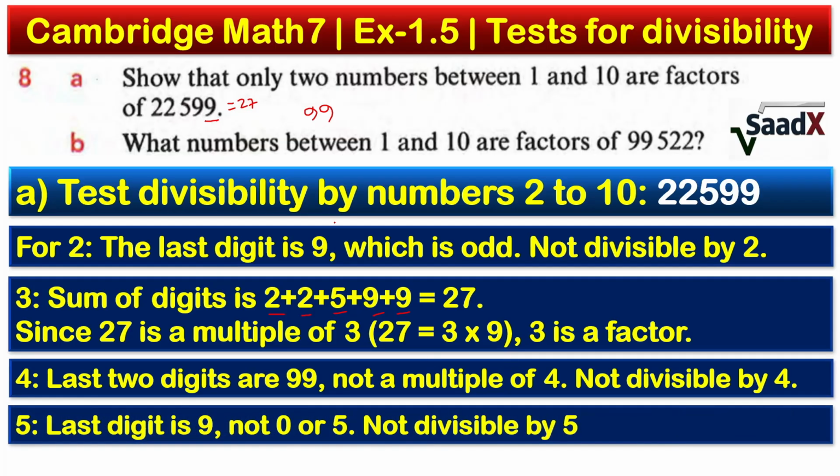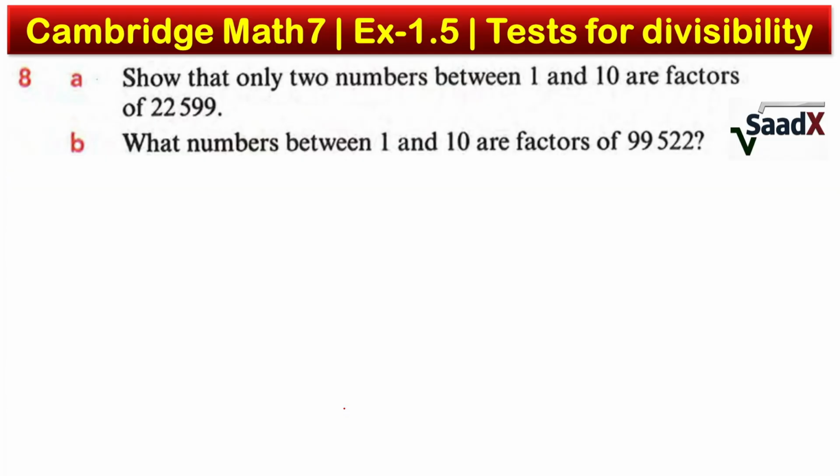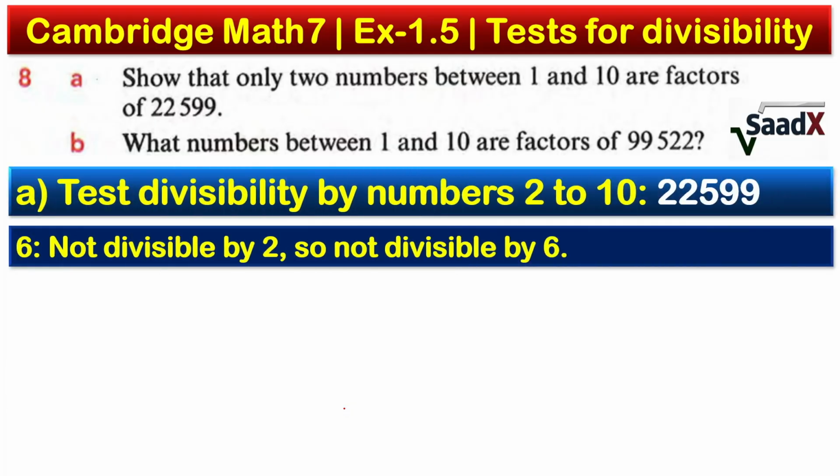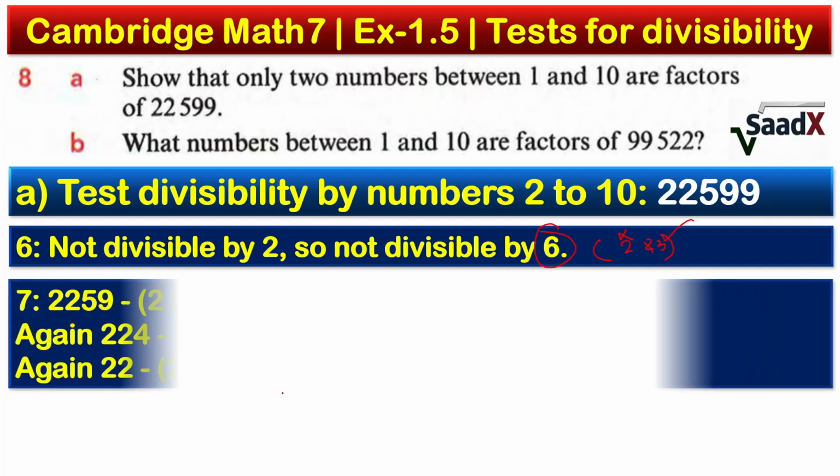Another thing, the last digit is not 0 or 5, so this number is not divisible by 5. How about 6? It is not divisible by 2, but it is divisible by 3. Our condition is that it should be divisible by both 2 and 3. 3 is okay, 2 is not okay. Therefore, this number is not divisible by 6.